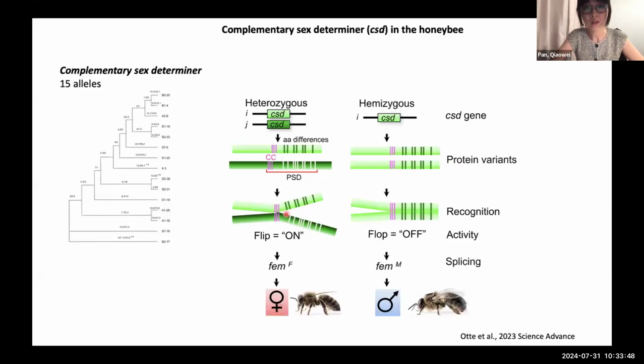The configuration of the heterodimer is quite different from that of the homodimer. Only in the heterodimer configuration are the functional domains of the CSD protein revealed, and that allows the turning on of the female development pathway. So for complementary sex determination to work in the honeybee, protein level interaction is crucial.